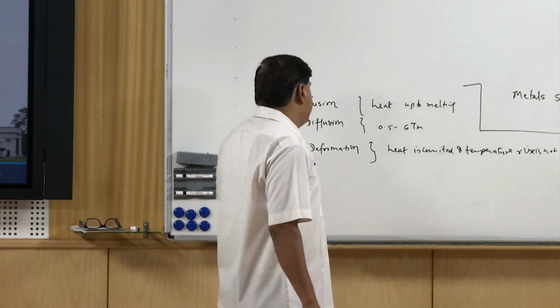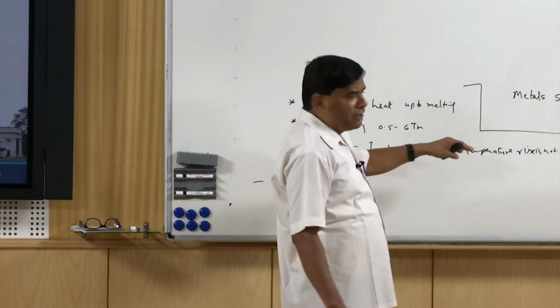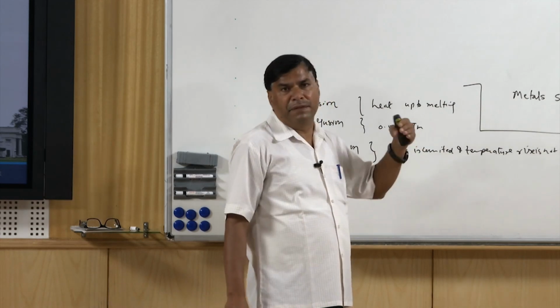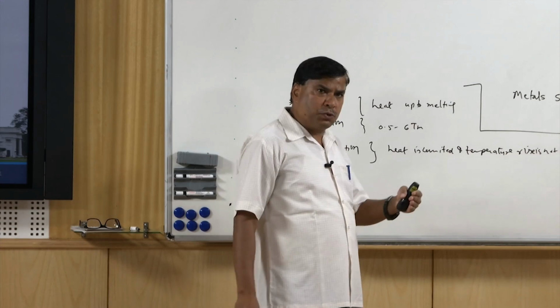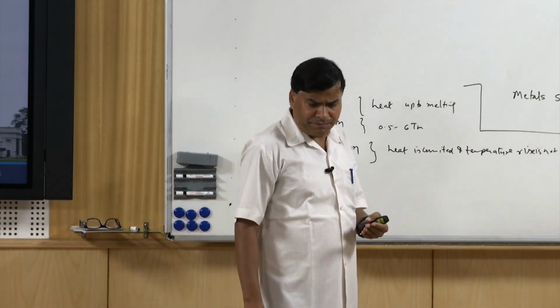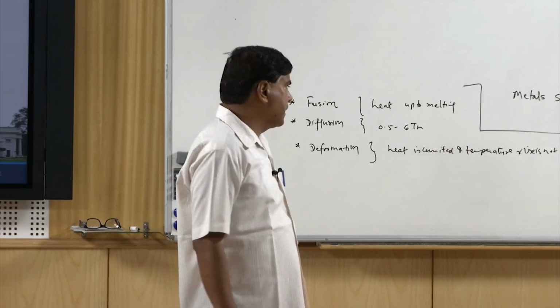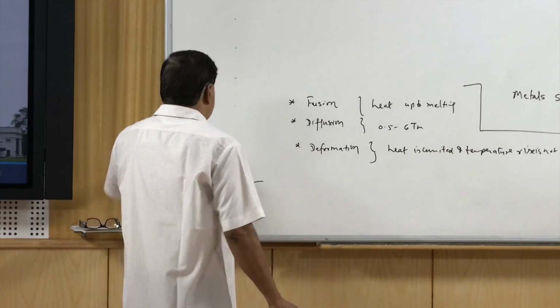And in case of deformation, normally if the temperature rise is not much, then separate protection of the metal from the atmospheric gases is not required, but if the temperature rise is too much and the metal is sensitive, then of course we require protection from the atmospheric gases even in deformation based joining approaches.